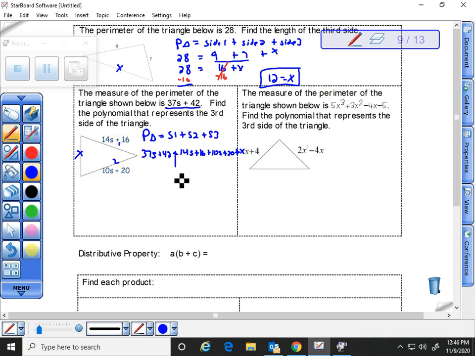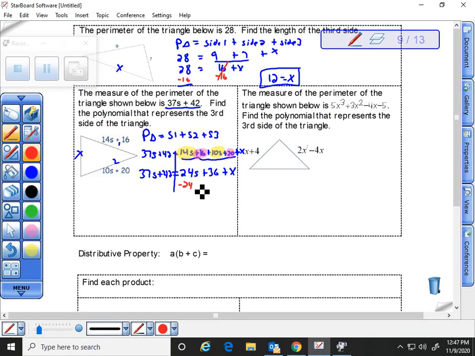So let us combine our like terms on the one side. So rewriting it as 37s plus 42. Combining my 14 and my 10 to get 24s. Combining my numbers, 16 and 20 is a plus 36, and then plus the side that I don't know is x.